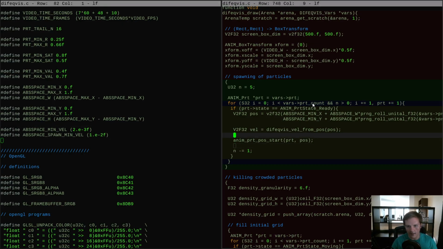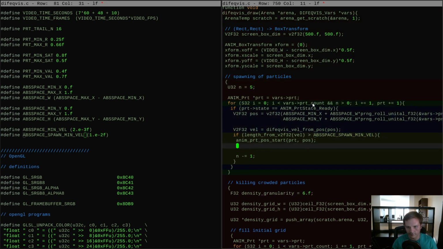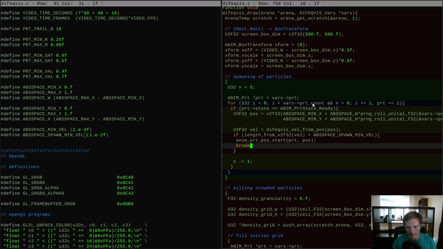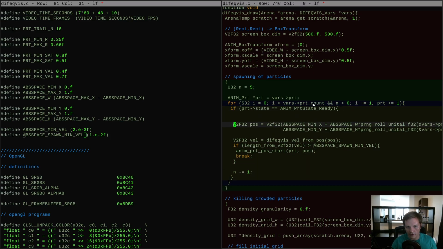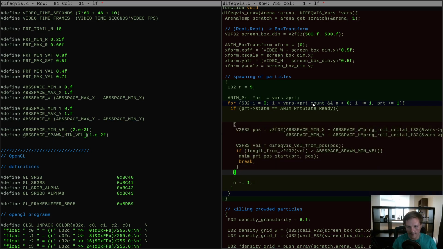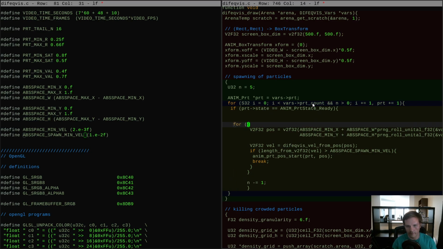And we'll say get the length, if the length of the velocity is greater than the spawn min velocity, then we'll do that. And we'll just try like five times or something like that.